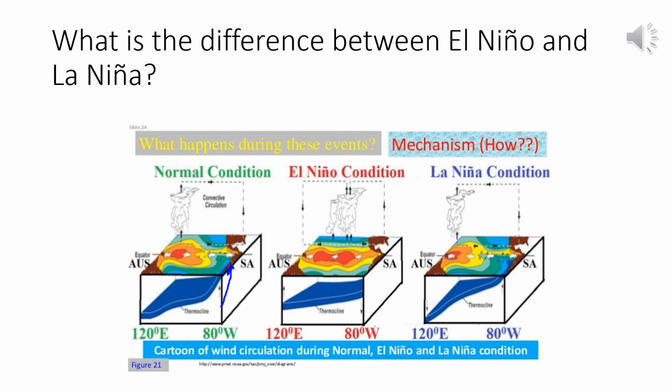This is a comparison of El Niño and La Niña to the normal condition, also known as the Walker pattern. As you notice, the big thing to see is the cloud diagram. In the normal condition, clouds and water temperature are moved from the coast of South America into Australia and Asia.